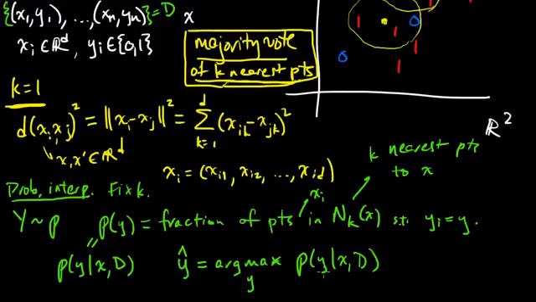So for 0, you compute the fraction of points, and then for 1, you compute the fraction of points, and then you choose the value of y for which that was maximized. So this is exactly reproducing this majority vote, just putting it in a little bit of a probabilistic framework.